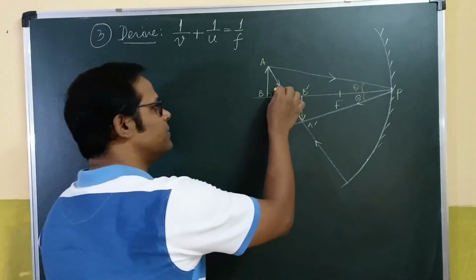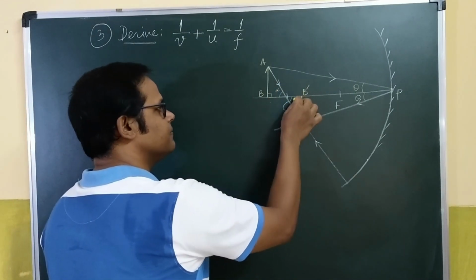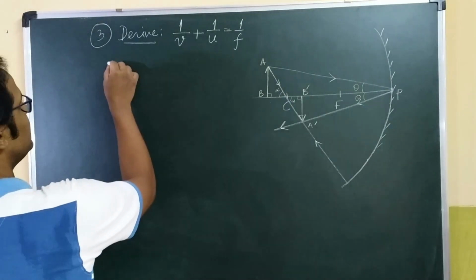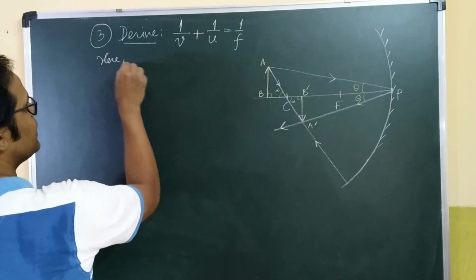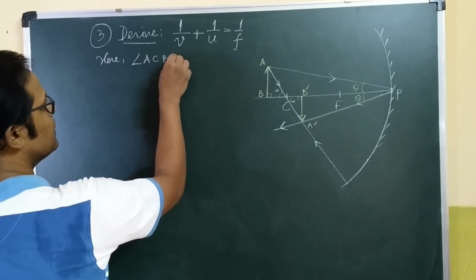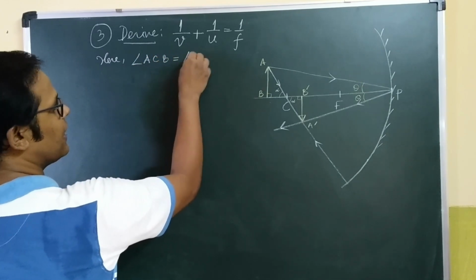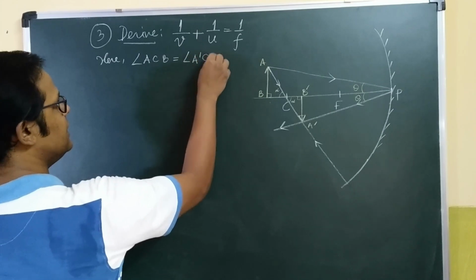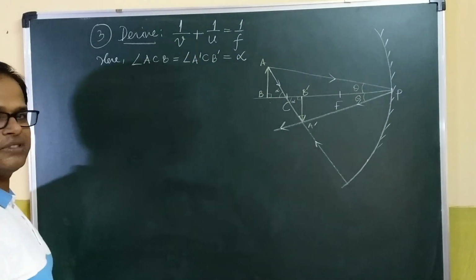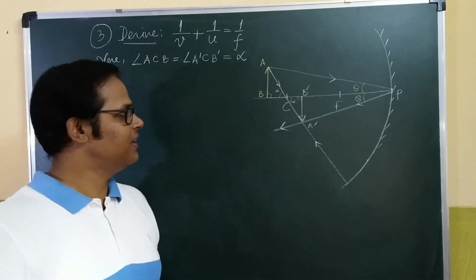So let us name these angles as alpha. Let me write it clearly. Here in the diagram, angle ACB should be equal to angle A prime C B prime. Let us call it alpha. Some angle called alpha.